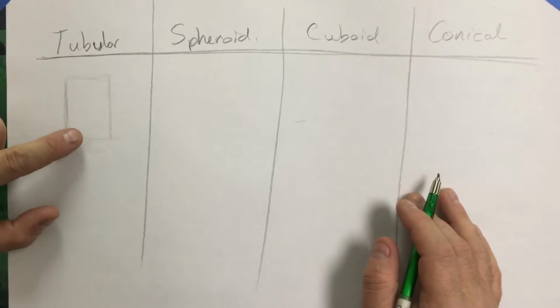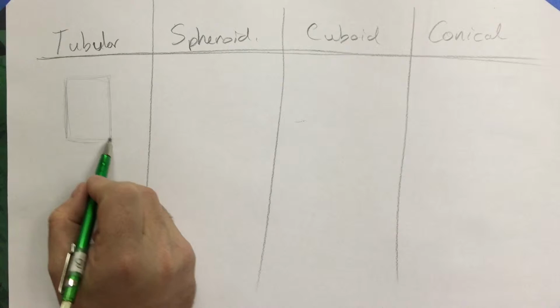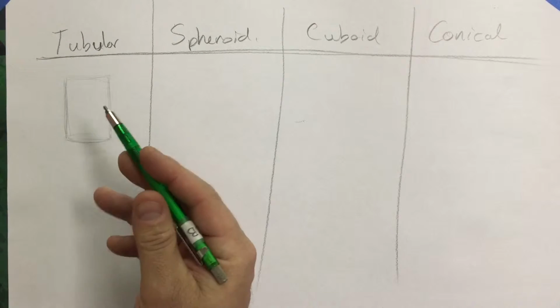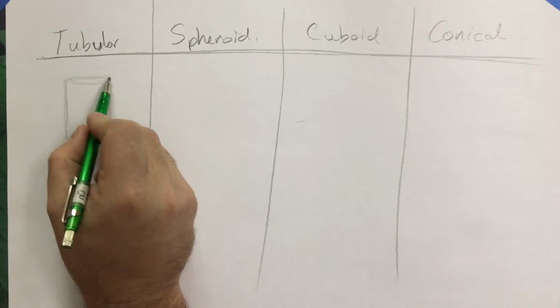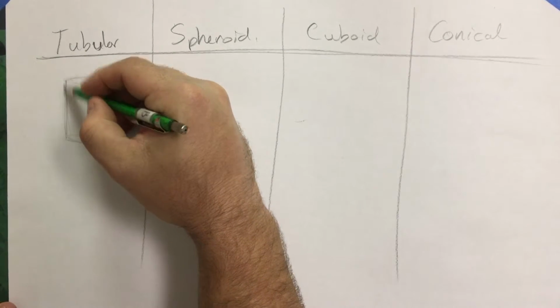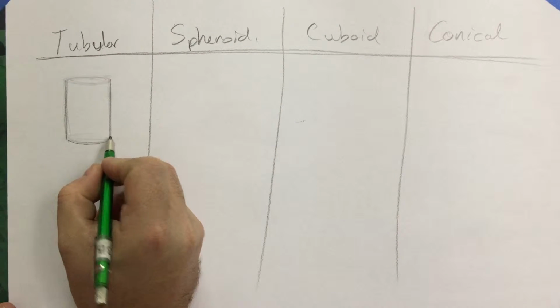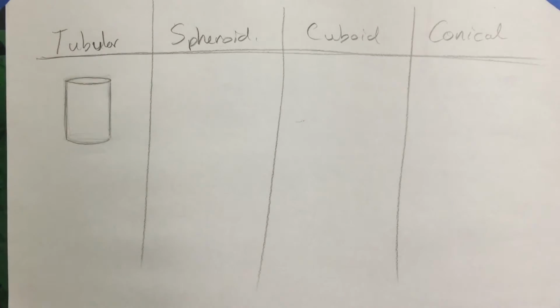He would start with a rectangle, but then you would see him begin to draw ellipses on the bottom. So when we talk about drawing these forms, what we're really talking about is going from a flat shape to something 3-dimensional.